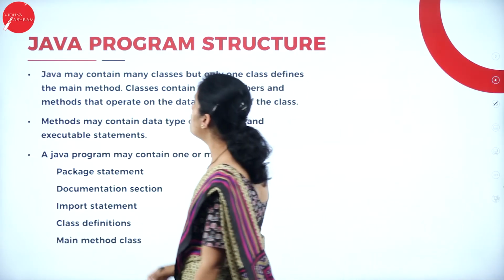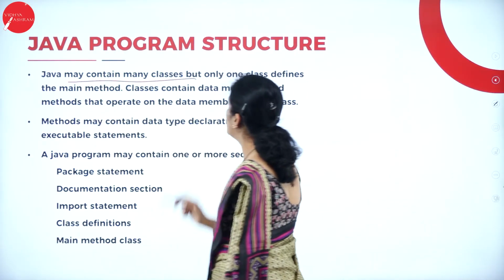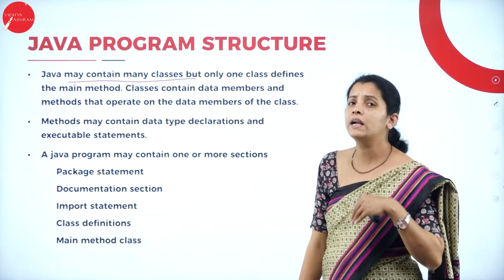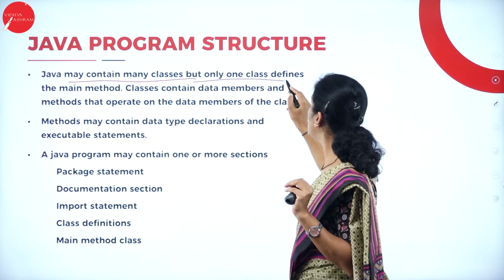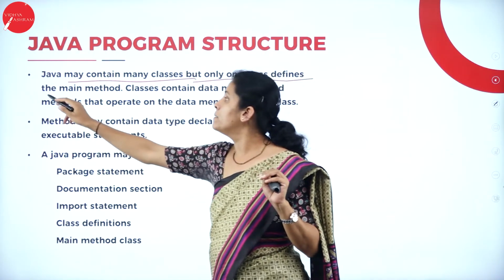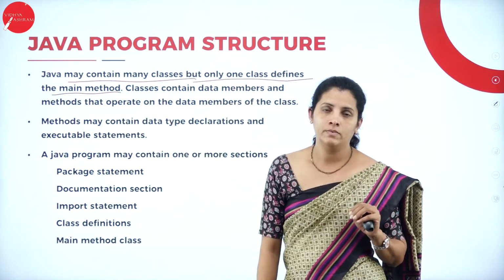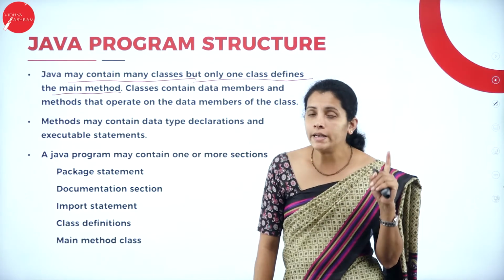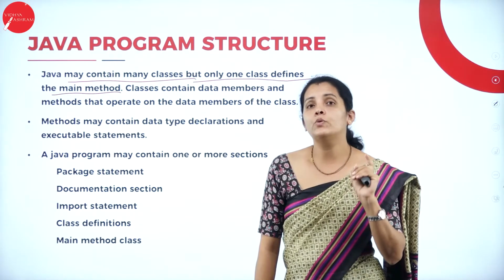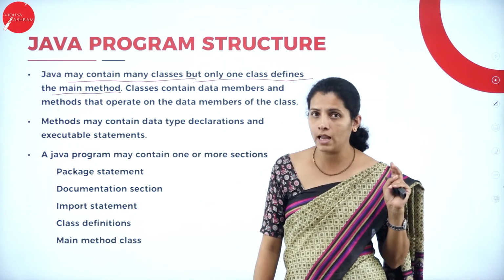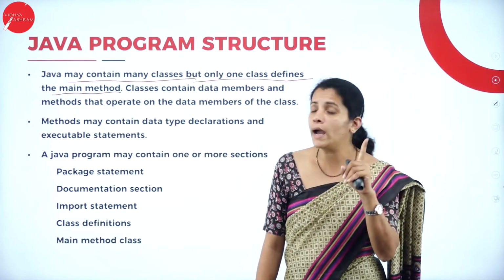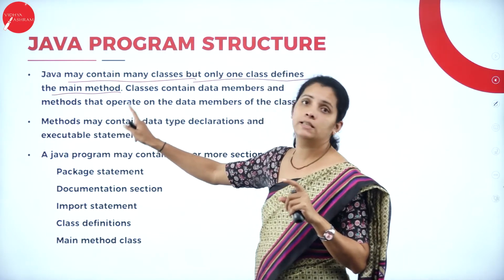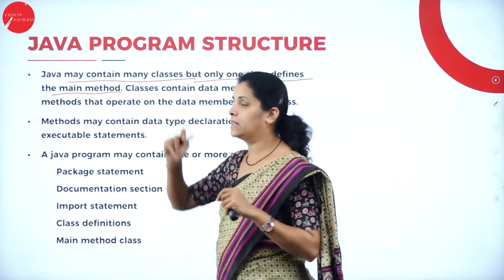So, Java may contain many classes. That means Java may contain n number of classes, but only one class defines the main method. While writing your Java program, you can have n number of classes, but your program must have only one main class, that is, the main method.